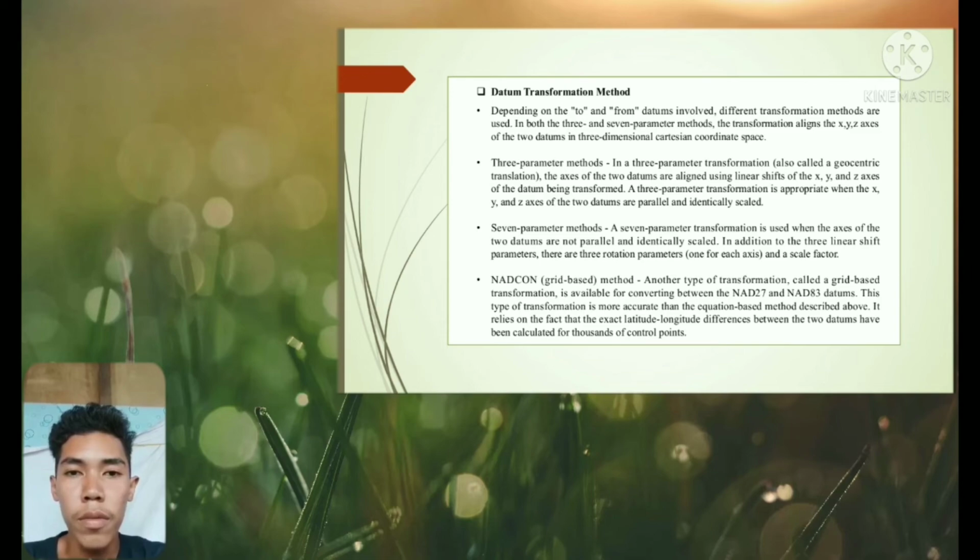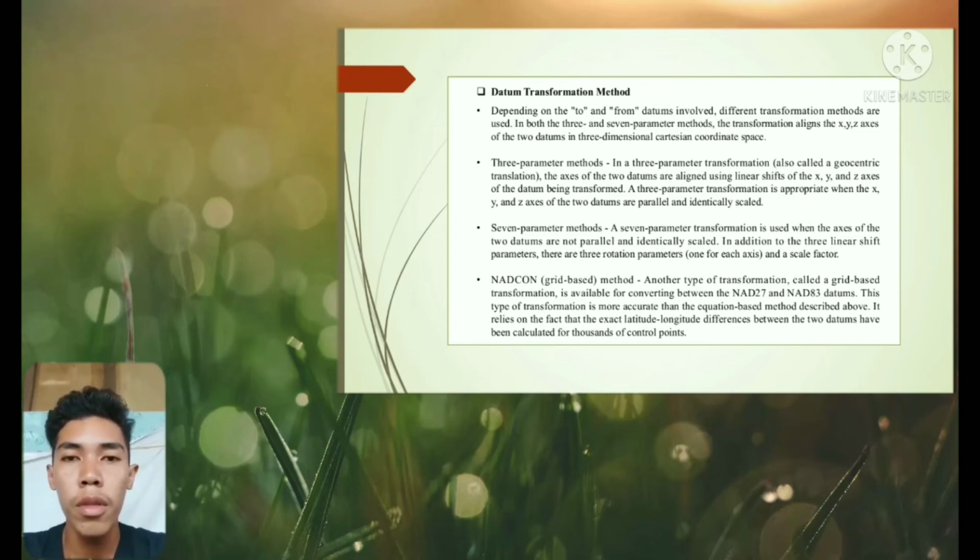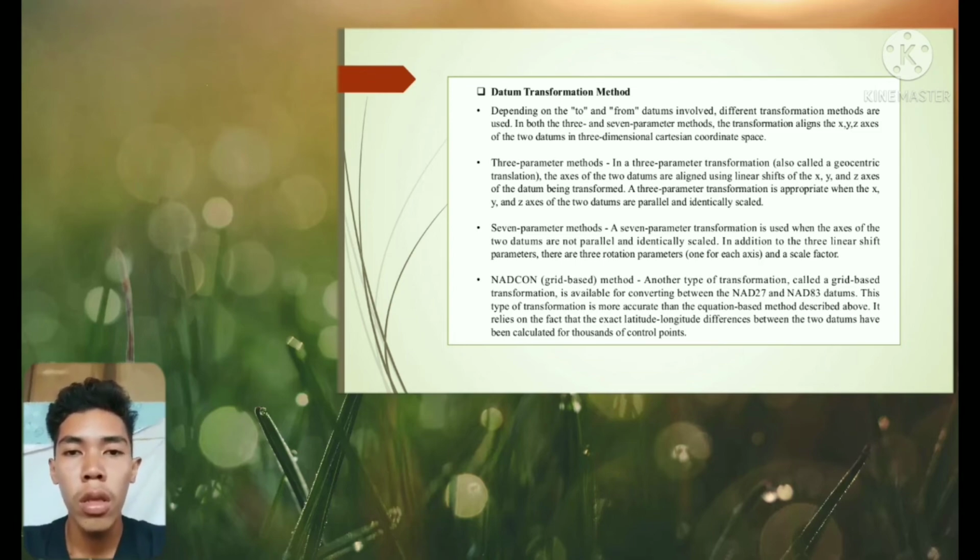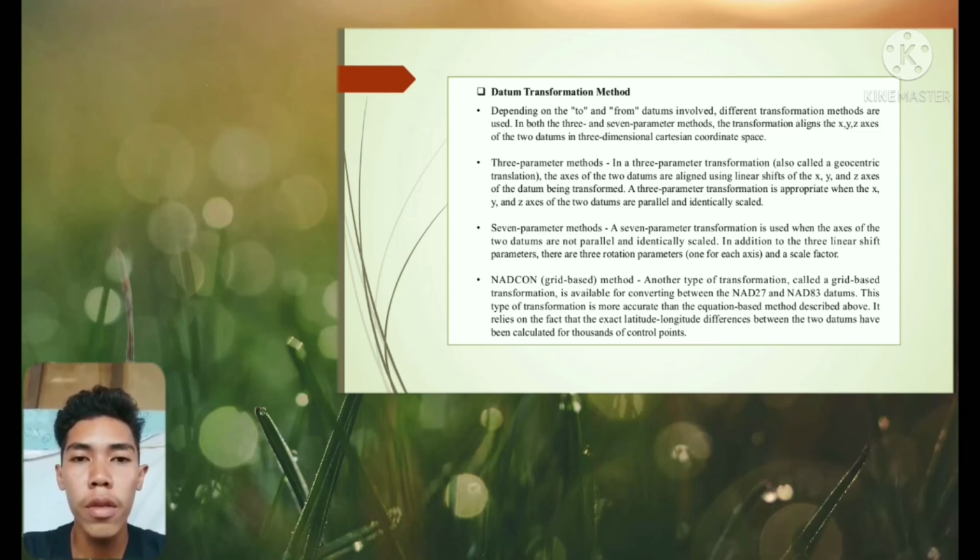The three-parameter transformation is appropriate when the x, y, and z axes of the two datums are parallel and of identical scale. 7-parameter method: a 7-parameter transformation is used when the axes of the two datums are not parallel and of identical scale. In addition to the three linear shift parameters, there are three rotation parameters, one for each axis, and a scale factor.